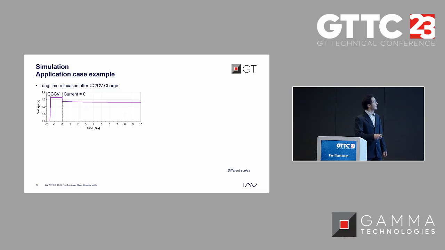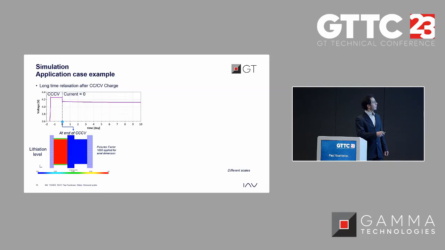If we look at the scenario, which is a long time relaxation after CCCV charge, which means that we have a fully loaded cell and then we switch to zero current, then we see a very slow evolution of the voltage.